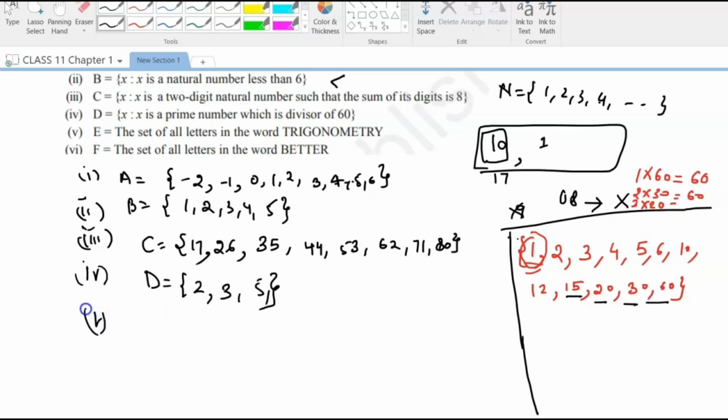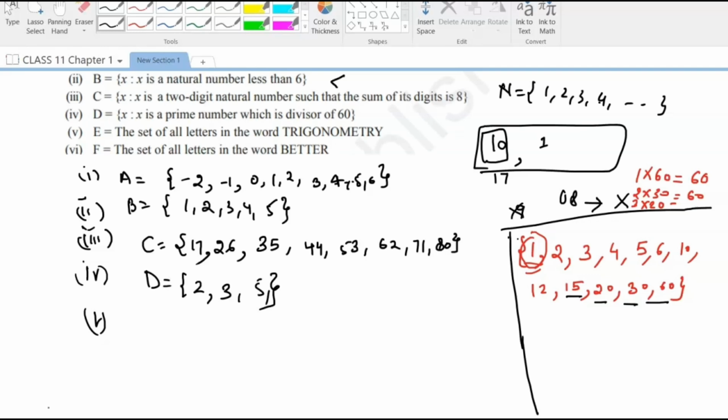Now let's see the next example. Before moving to the fifth part, I just wanted to clear a confusion if you have. Prime numbers are natural numbers, so prime numbers are not integers.